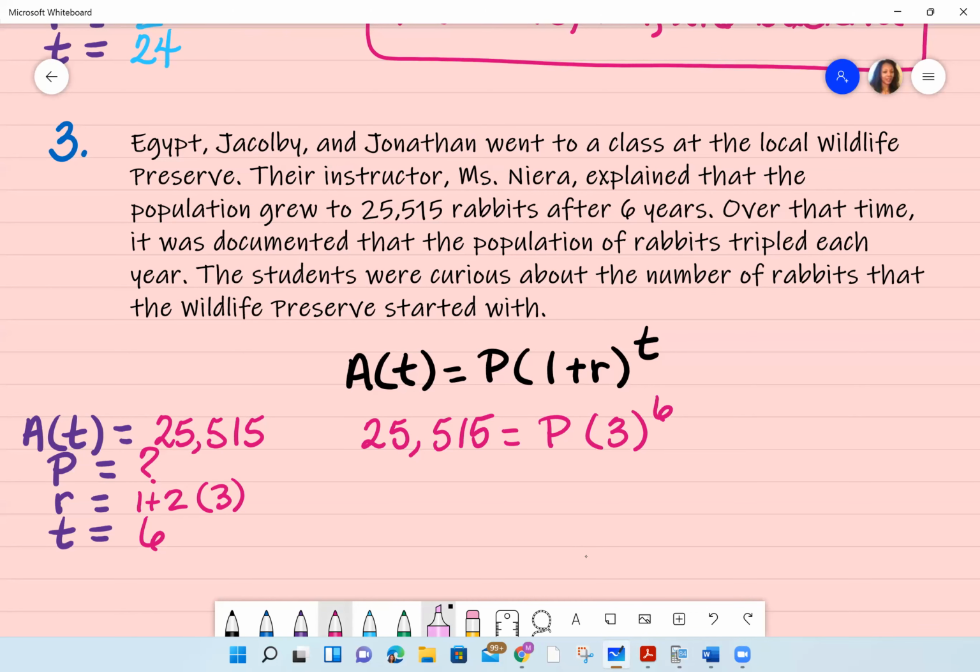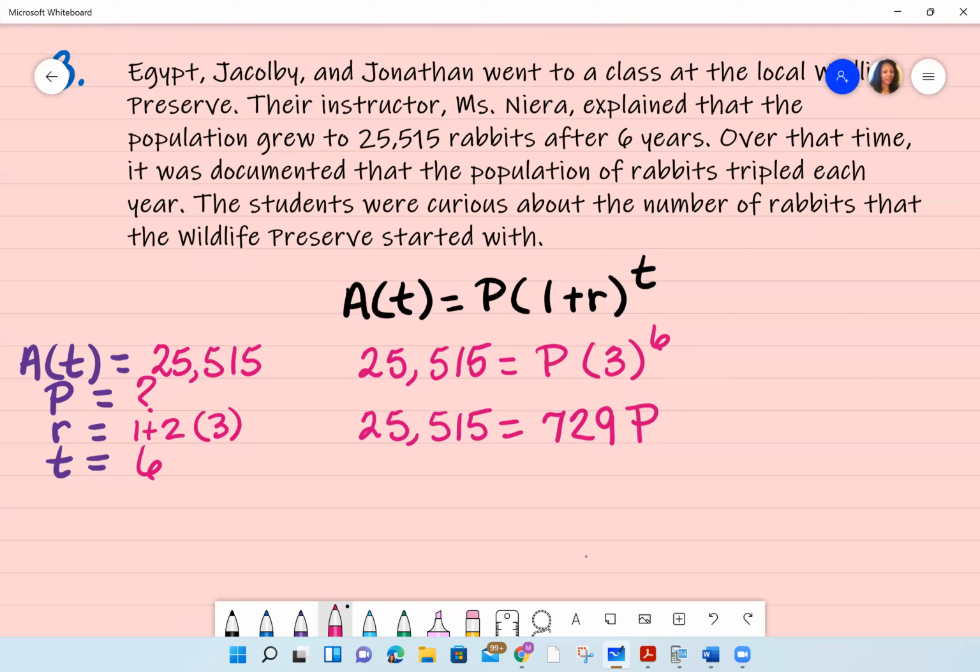So we're going to bring down everything else. So 25,515 is equal to 729, but we have a P here. We're trying to find P. So what we're going to do is divide both sides by what's stopping P from being by itself, which is 729. When we do that, and I like to swap them around because I like my variable on the left, but it does not matter if you keep it on the right.